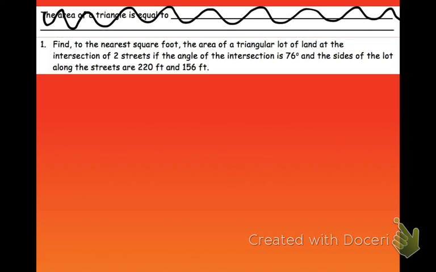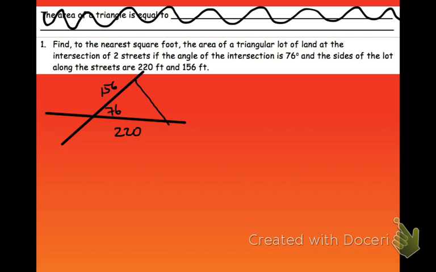So let's look at this example. To find, to the nearest square foot, the area of a triangular lot of land at the intersection of two streets. So here's our two streets. If the angle of intersection is 76 degrees, and the sides along the streets are 220 and 156.